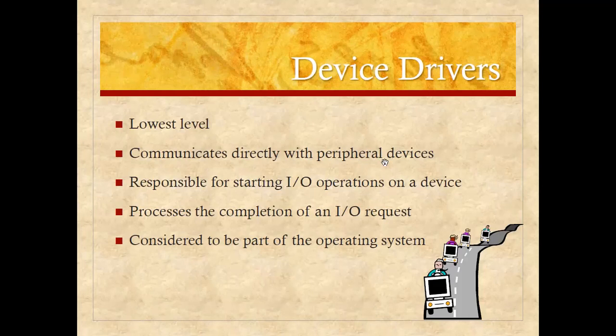So a device driver is a must for any kind of hardware device. It processes the completion of an IO request. If an IO request is coming from the user, then this IO request must be completed with the help of the device driver, which is considered to be a part of the operating system.